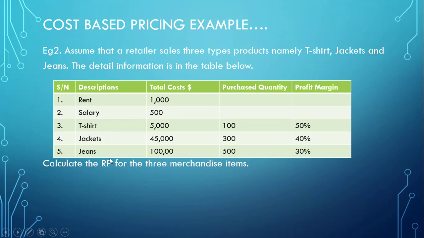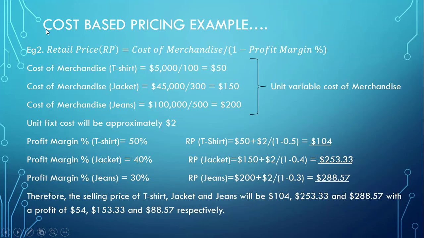When you calculate RP, meaning the retail price, you are going to use the same formula. Retail price is cost of merchandise divided by 1 minus profit margin percentage. So the cost of merchandise for t-shirts is 5,000 in total, but you have to calculate the unit cost.